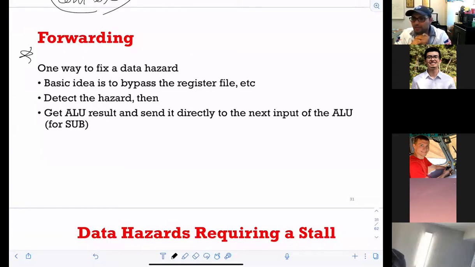What does it mean? The forwarding, or restructuring, or rescheduling, reordering or scheduling the instructions in the code, solves some problems, but not all the problems caused by the data hazard.